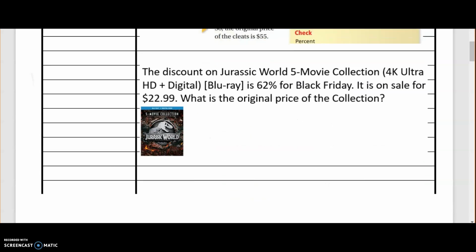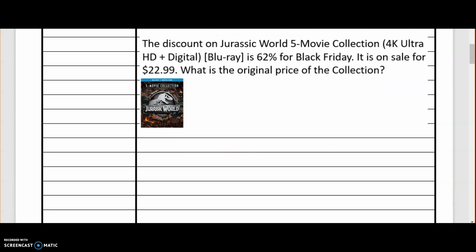All right, so let's look at this right here. The discount for this Jurassic World 5 movie collection is 62% off on Black Friday. It is on sale for $22.99. What is the original price of the collection? So what I like to do is I like to use this proportion right here.